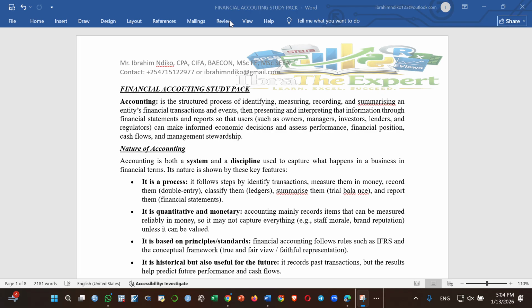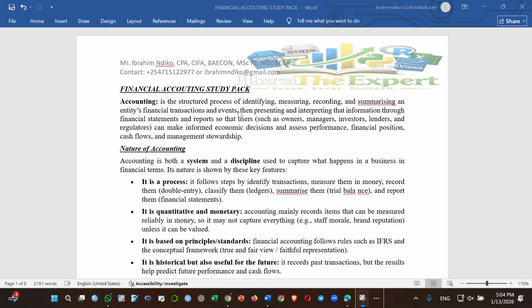Now, accounting, from the definition you can see on my screen, is a process which involves, number one, to identify. So you identify, you measure, you record, and then you summarize the financial transactions and events. That is the main part. So the keyword here is we identify, then measure, then summarize what? The financial transactions and events only.